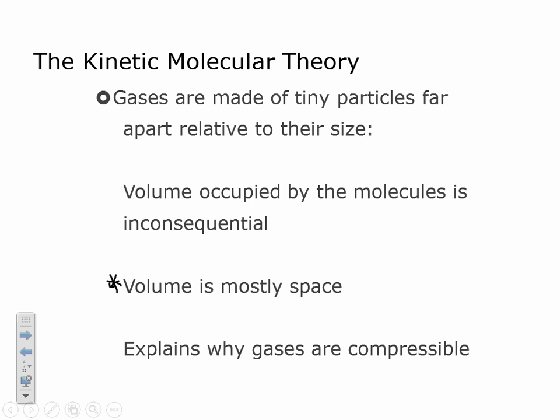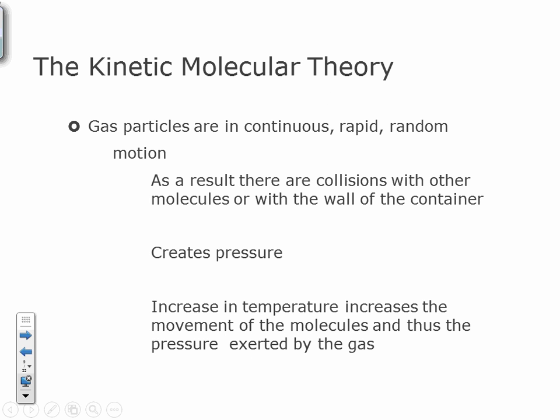And we can't do that with liquids and solids. The second tenet of kinetic molecular theory says that gas particles are in continuous, rapid, random motion. We know that a result of that random motion is pressure.